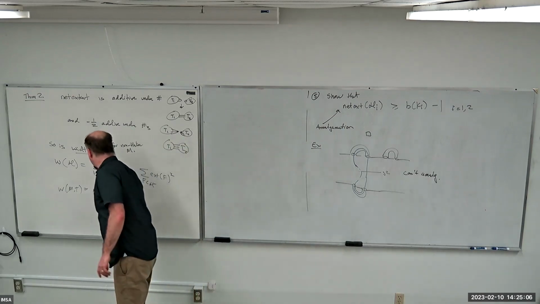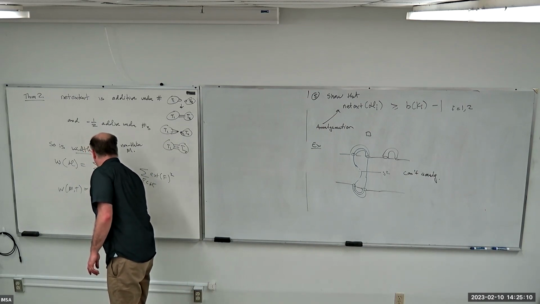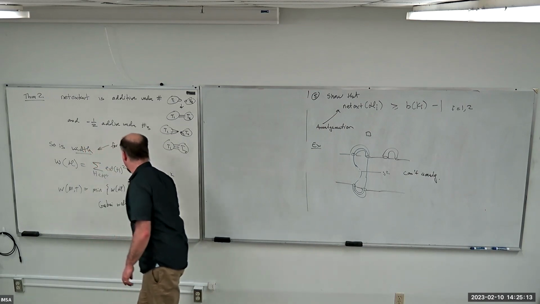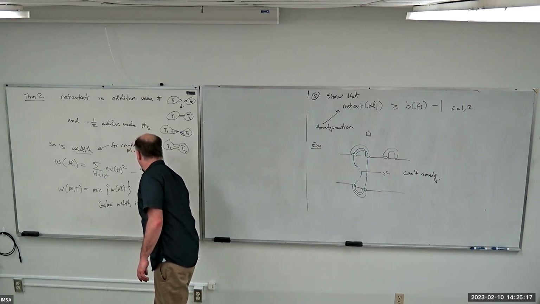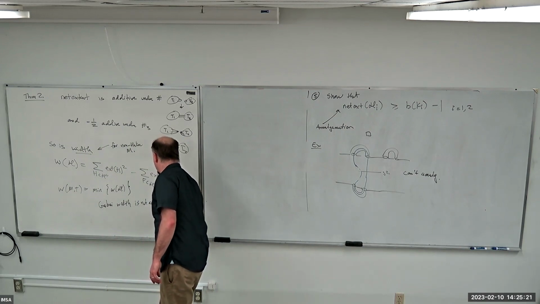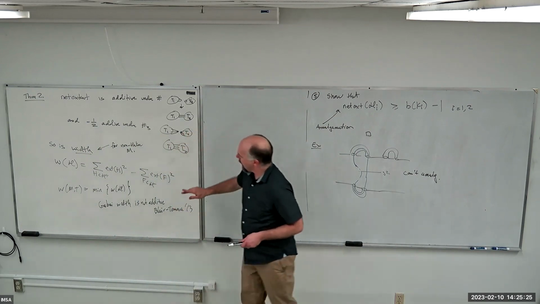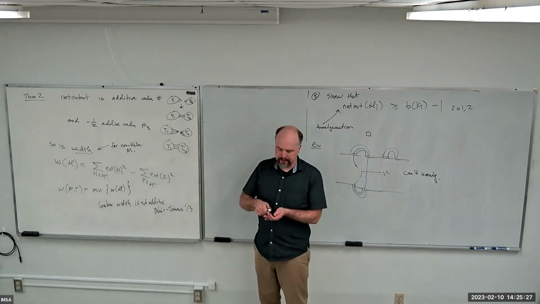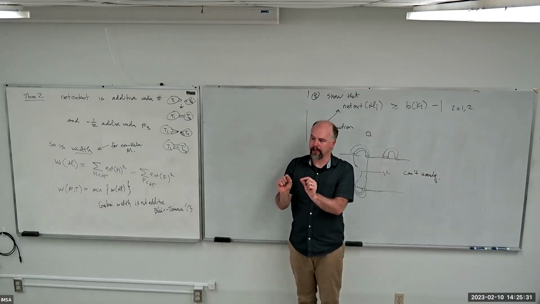But in 2013, Ryan Blair and Maggie Tomova showed that Gabai's width is not additive. Our definition of width is actually just a very slight modification of Gabai's definition.